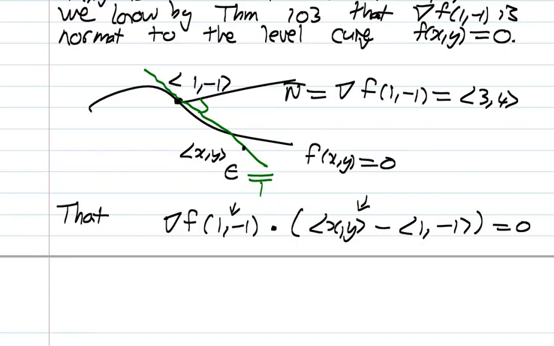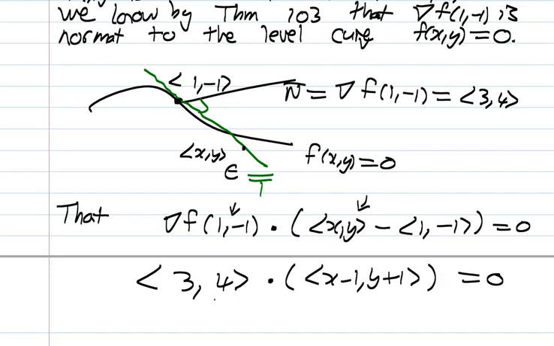All right, I need a little bit more space. And so we've worked out that grad f at the point (1, -1) is the vector (3, 4). And here, if we subtract these two vectors, we get (x - 1, y + 1), and that's equal to 0. And now we dot these vectors, so we get 3 times (x - 1) plus 4 times (y + 1) is equal to 0.